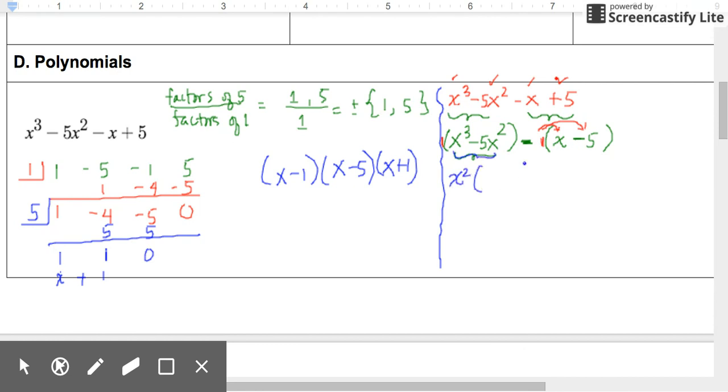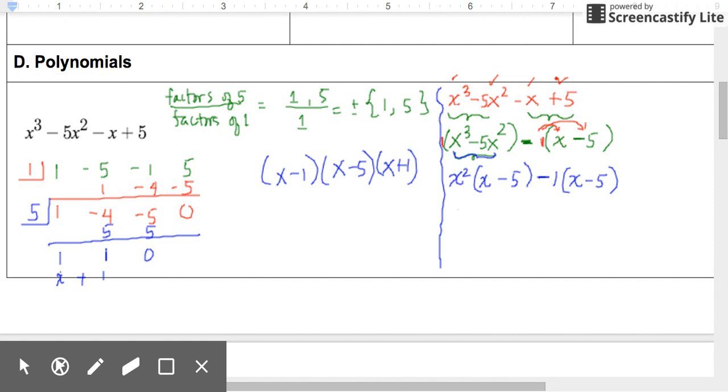So I will factor out x squared, and inside the parentheses we'll have x minus 5. And then in our second group here, they don't have anything in common, so I can't bring out anything. So I'll just bring this down. 1 times x minus 5.